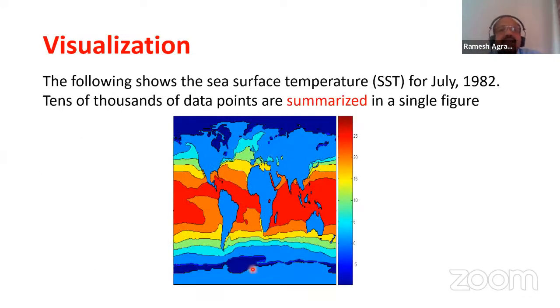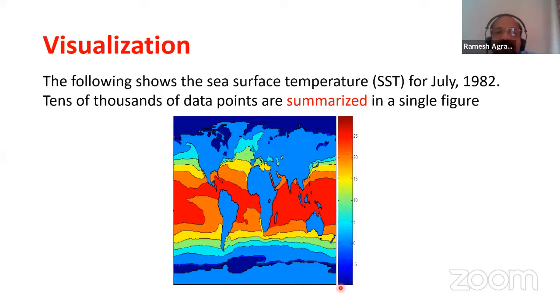So just see this. This image shows the sea surface temperature for July 1982. Can you see that we are showing the data of the whole world, and this is telling you the range of temperature.